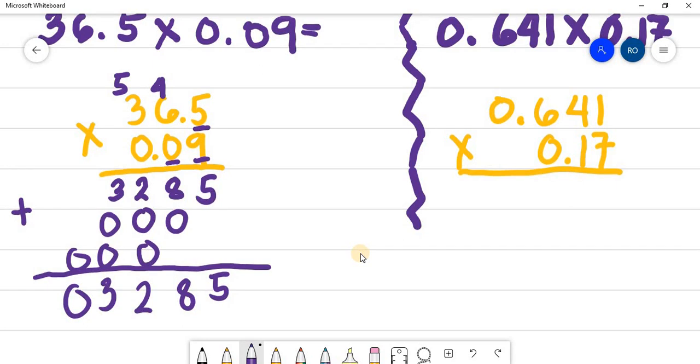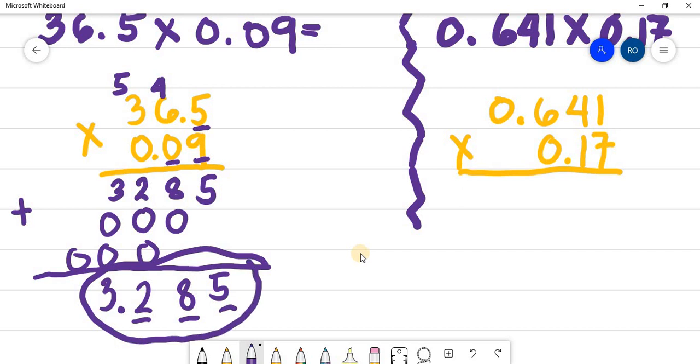Starting here, 1, 2, 3, our decimal point must be here. So we may erase the 0 since there's no value for it. So we have the product as 3.285, or 3 and 285 thousandths.